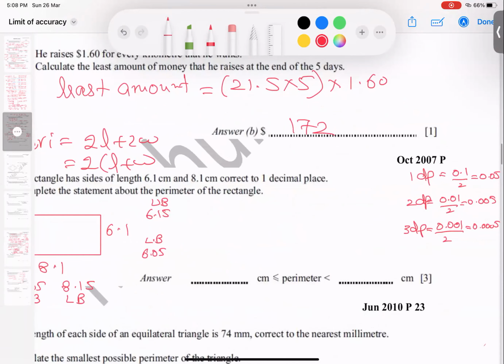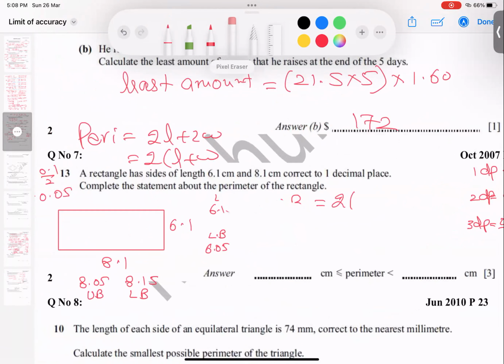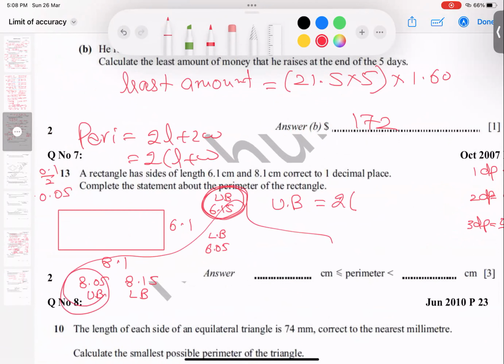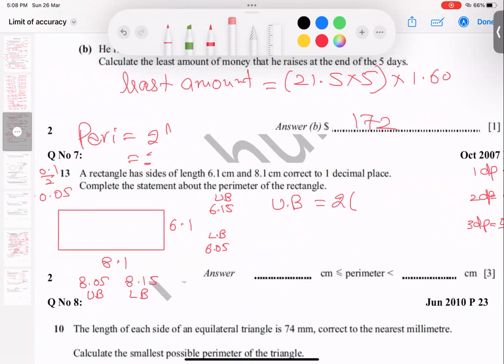So let's start. How to use it for the upper bound of the perimeter? I will use 2 times (length plus width). But upper bound means I will take the upper bound of length and the upper bound of width. The 2 I wrote already outside, and now the upper bound of length and upper bound of width. So length is 8.15, and width is 6.15.